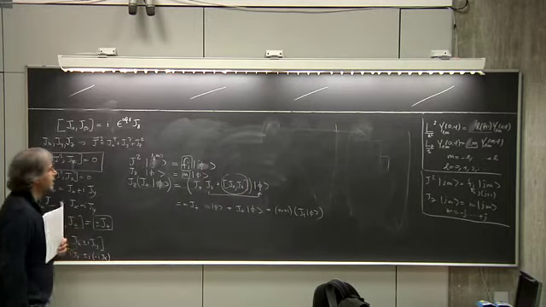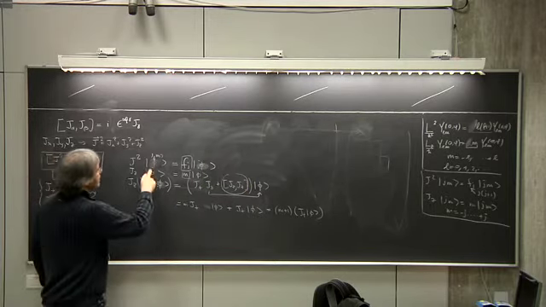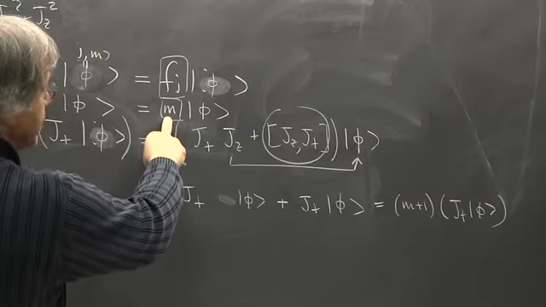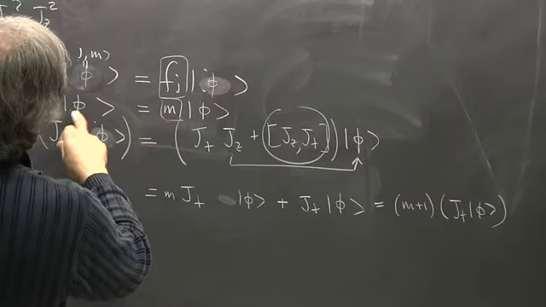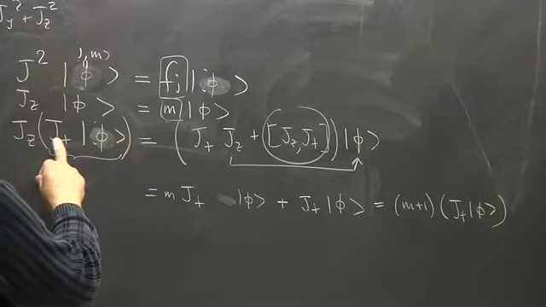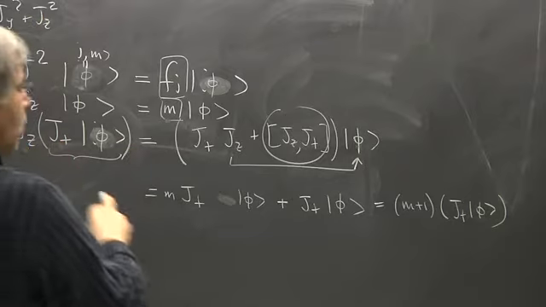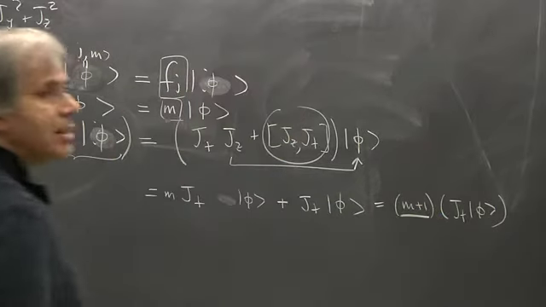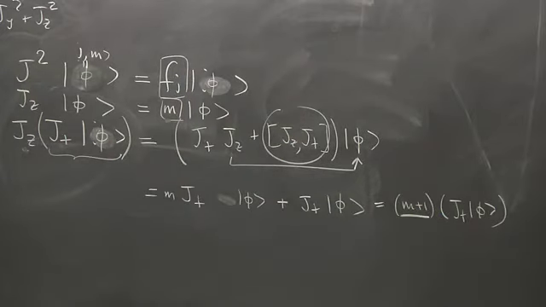What does it mean? It means that if I have a state which has a certain M, then that very same state, if I act on it with J plus, is an eigenstate of Jz with M augmented by 1. Okay? So in some sense, J plus plays the role of a ladder. It makes Jz increase by 1.